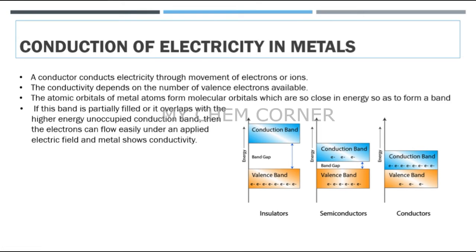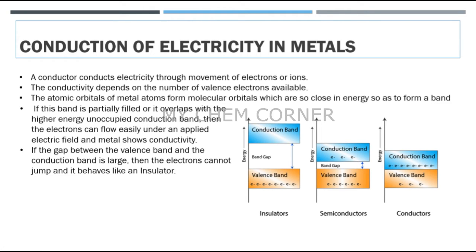If this band is partially filled or it overlaps with the higher energy unoccupied conduction band, then electrons can flow easily. If the conduction band is very close to the valence band, which means you don't have to apply much energy for the electrons to jump, you will have conduction easily. Or if you have a partially filled orbital, these electrons can jump easily and show conductivity also.